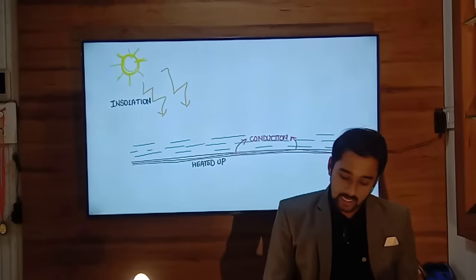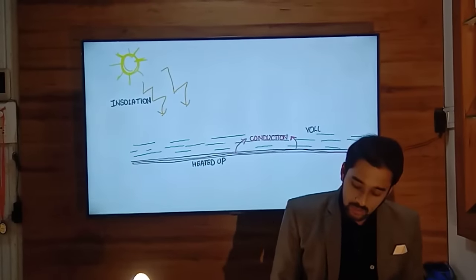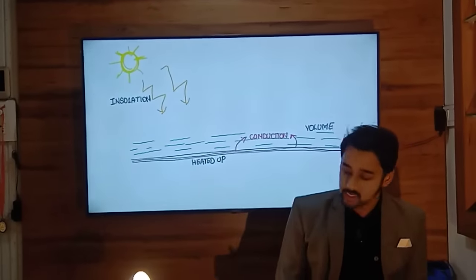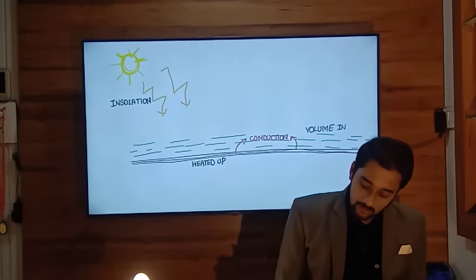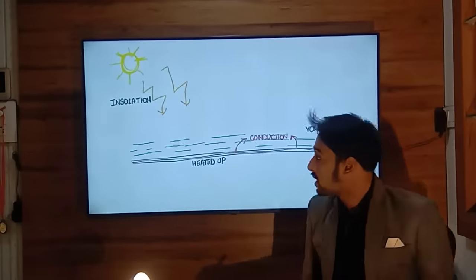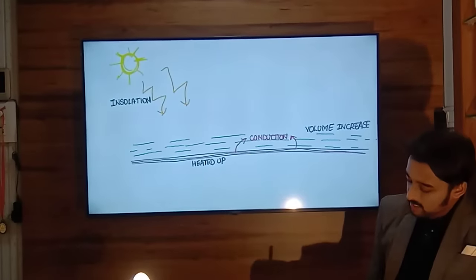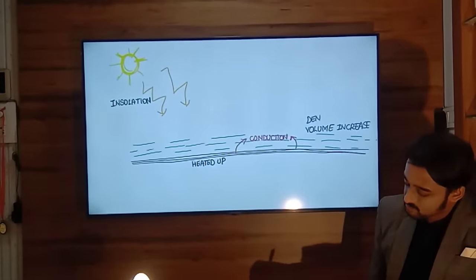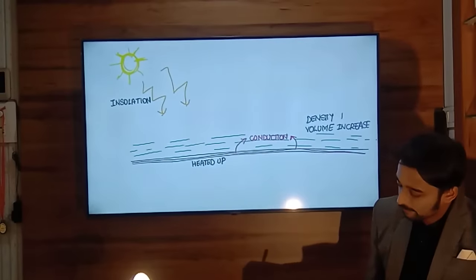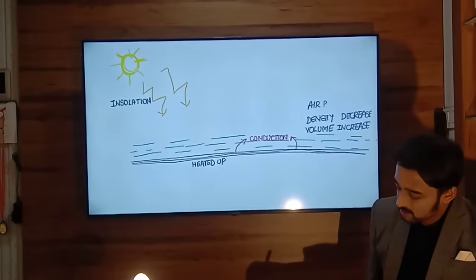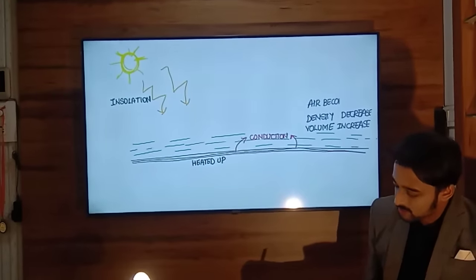This layer of air will experience a volume increase and a density decrease, and this air layer becomes lighter.